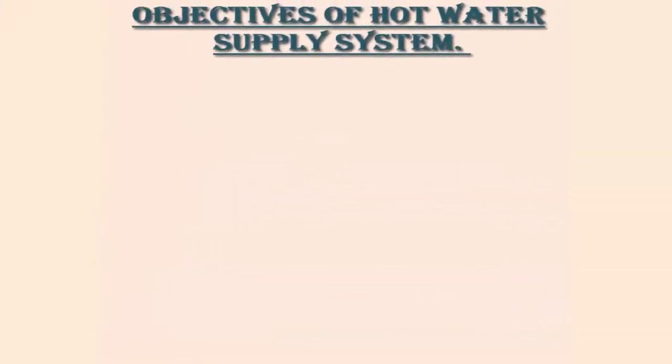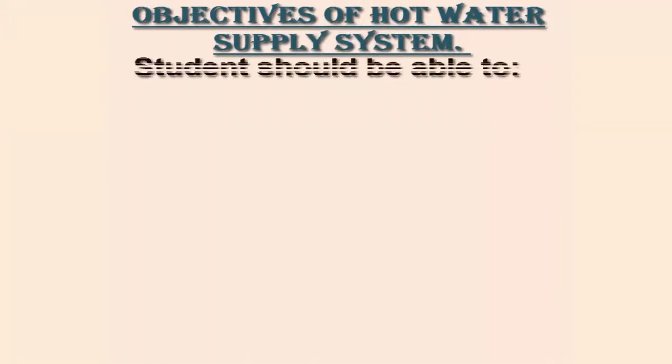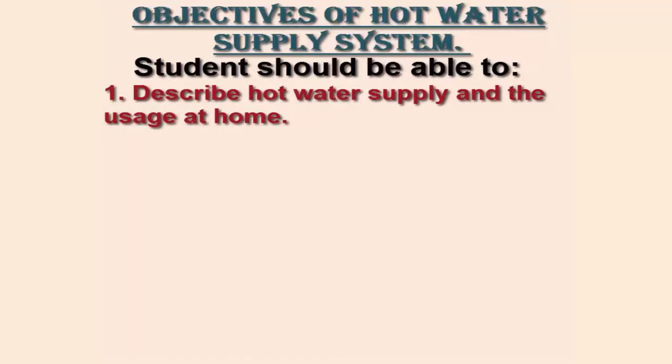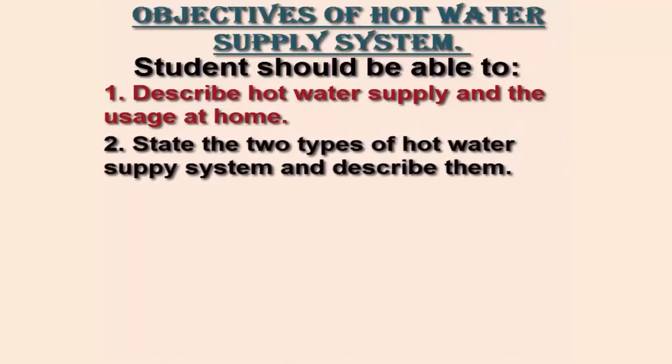At the end of this lecture, the students should be able to describe hot water and its usage at home. The students should be able to state the two types of hot water supply system and describe them.